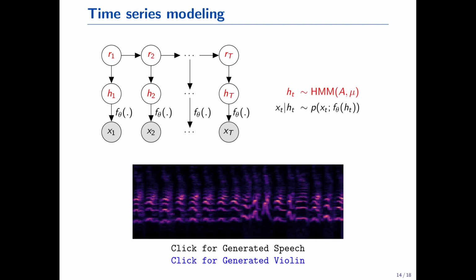sound signals, for instance. In this case, we learn an autoencoder on chunks of audio, and then we learn how to transition between these chunks by fitting an HMM on the embeddings. Here's what you get if you train this model on some speech and some violin sound.